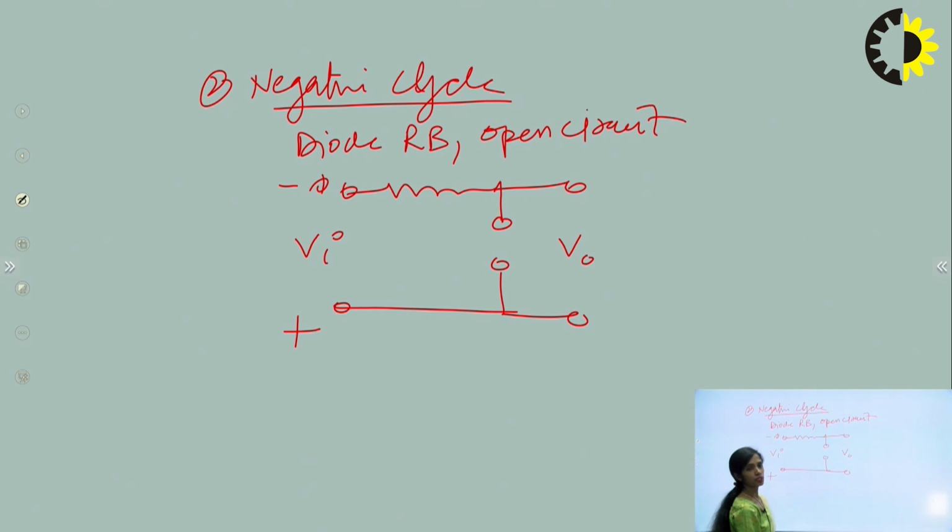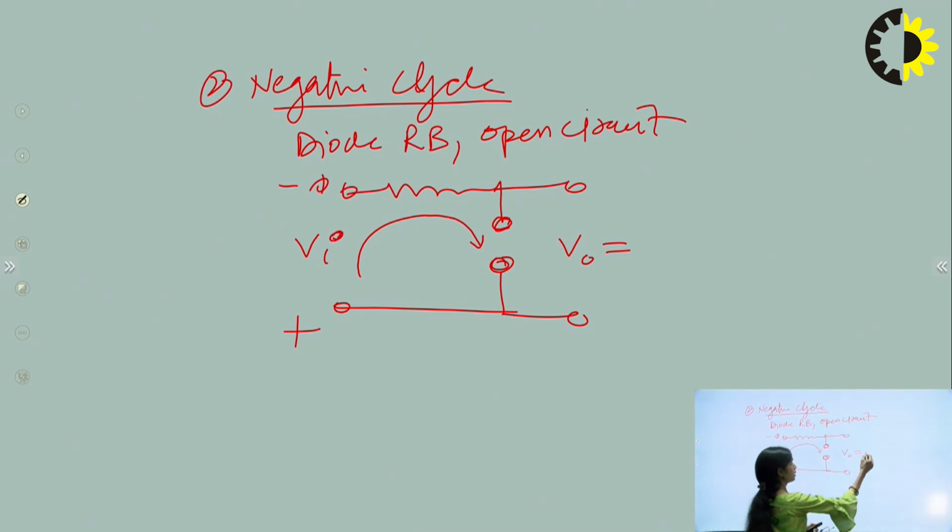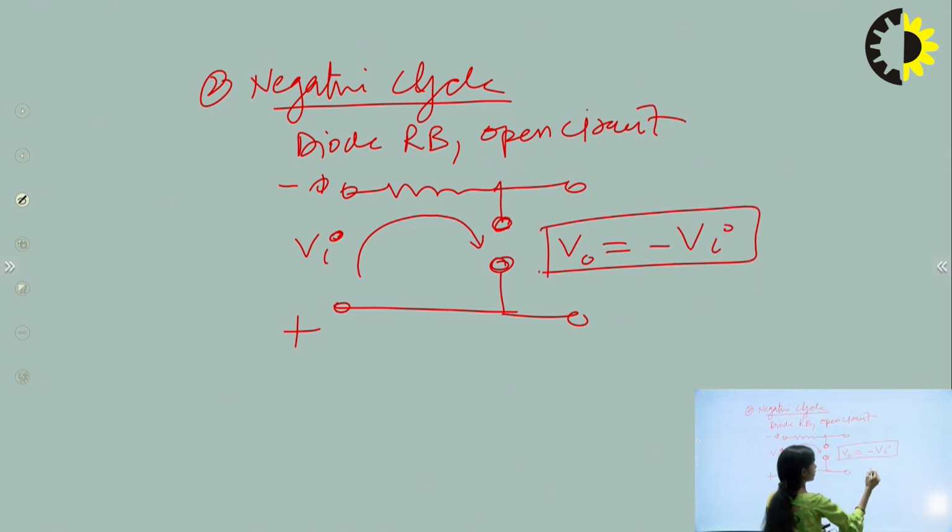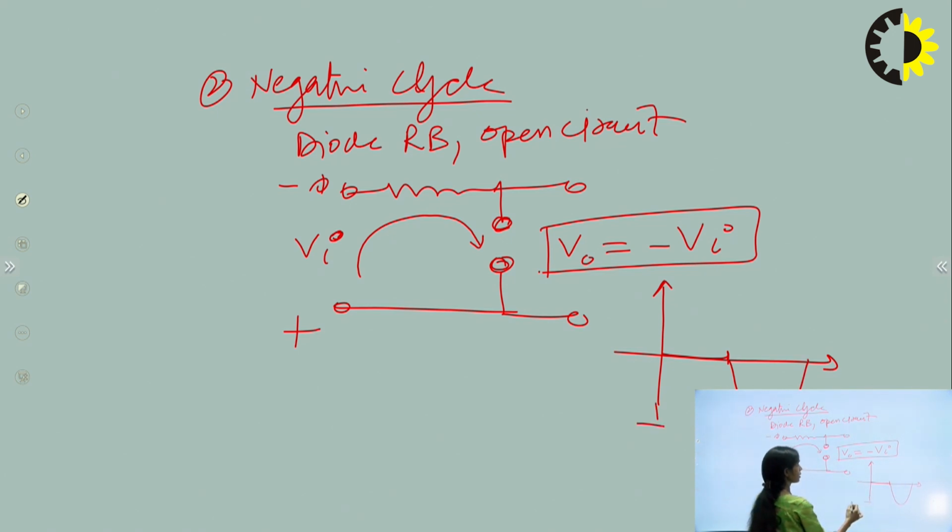In parallel or shunt connection, the output across the open circuit is the same as what is given at the input. So whatever input is given at Vi comes to the output. So the output is equal to Vi, the positive cycle is clipped, and the negative cycle is obtained like this. So this is the Vout obtained.